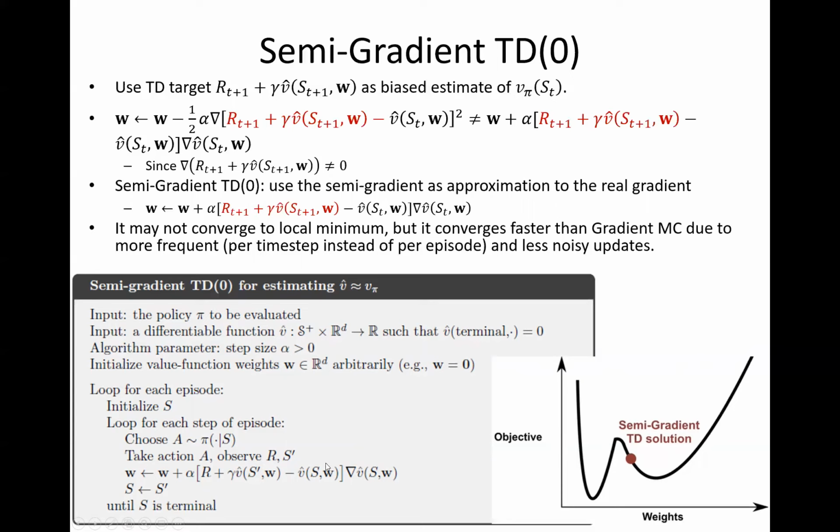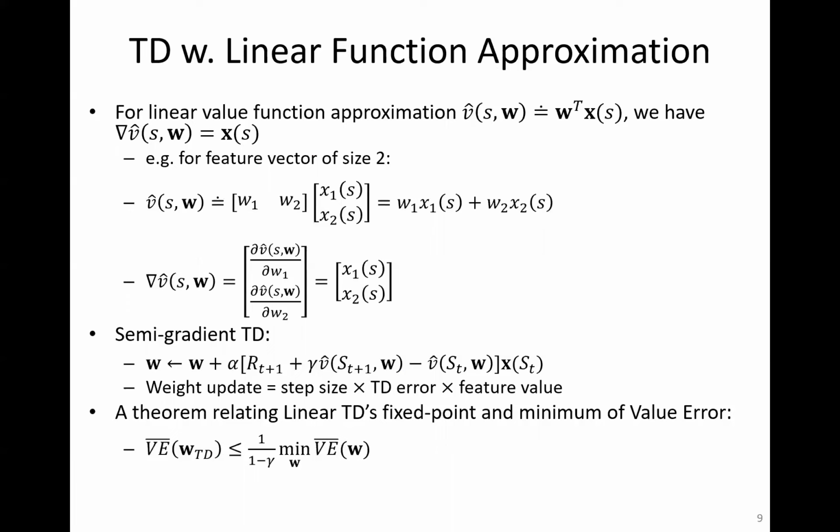So with a linear function approximation, we're not yet discussing neural networks, which are non-linear functions. Let's try linear function first. So the value function is a product of the weight and the feature vector.